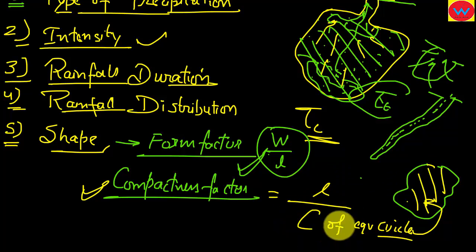C is the circumference of the equivalent circle. If the shape deviates away from the circle, because if it is a perfect circle, then L will be equal to C and the compactness factor will be equal to 1. So we need the value to be less than 1 in order to increase the runoff.